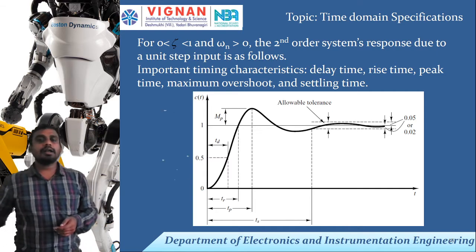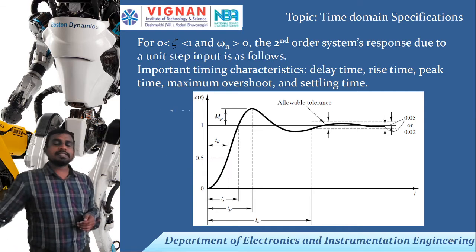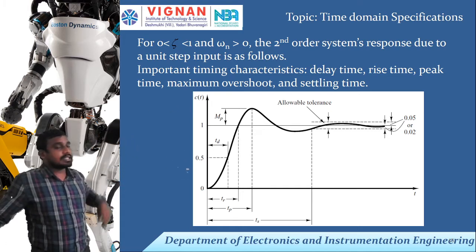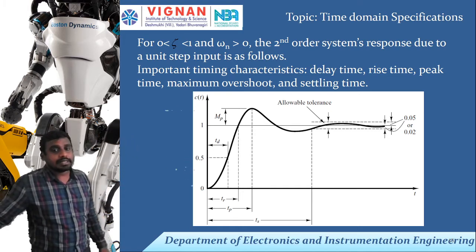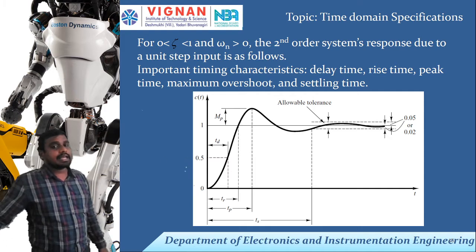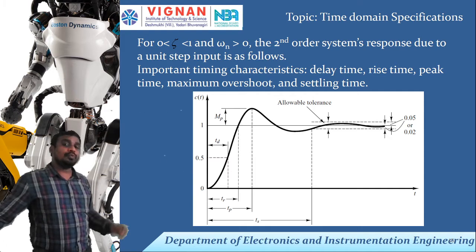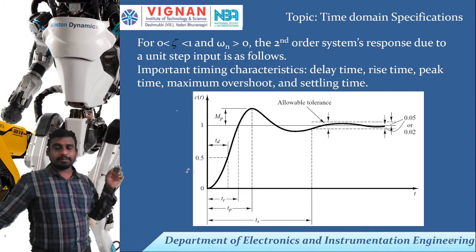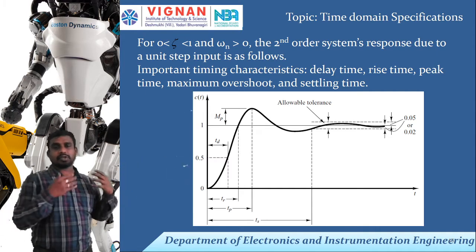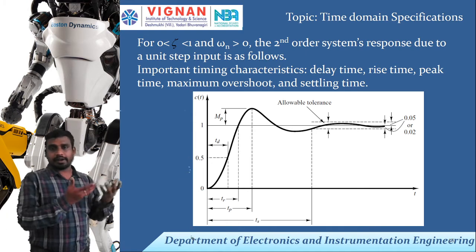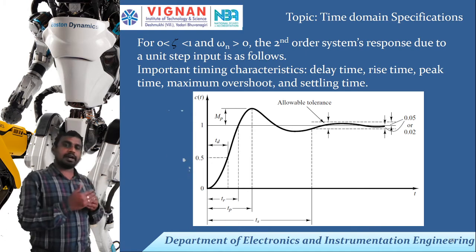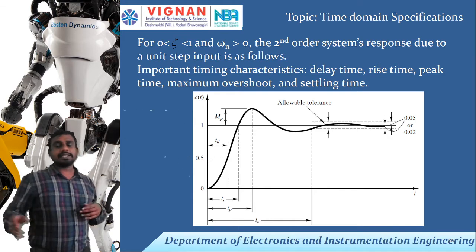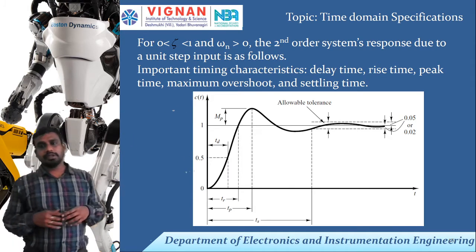Okay. Then if you see the delay time here, TD, it is the time at which the output reaches 50% of the actual value. If the set point or desired value you are specifying is 1, then when it reaches 0.5, or 50% of the actual output, that is referred to as delay time, right?